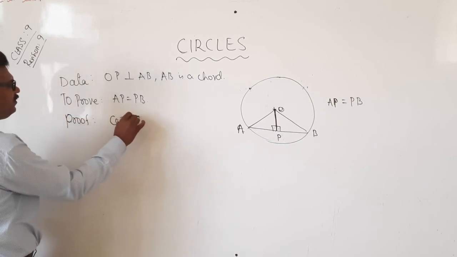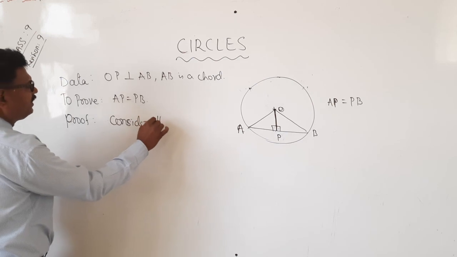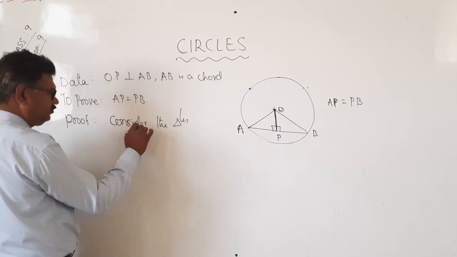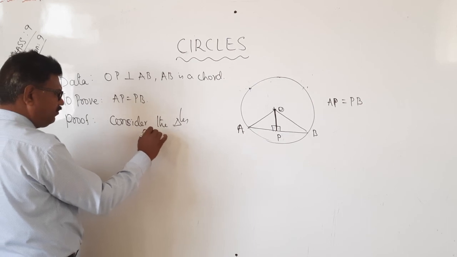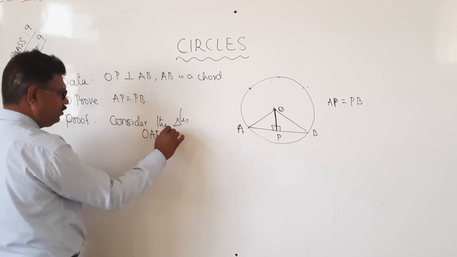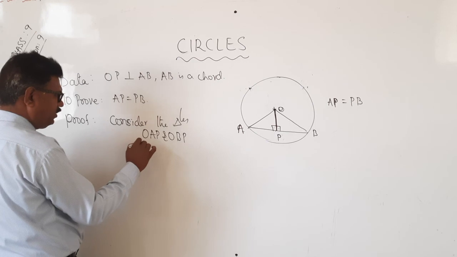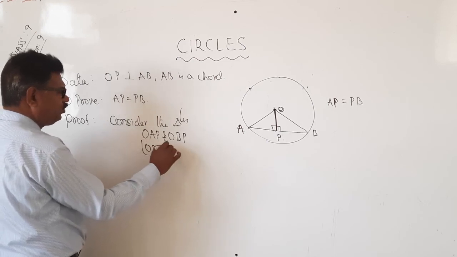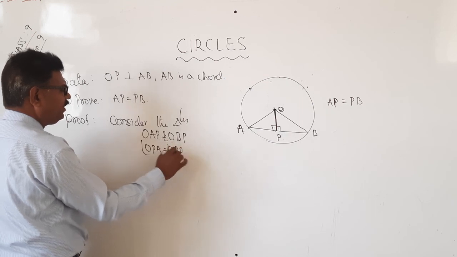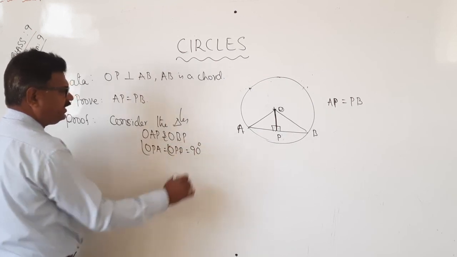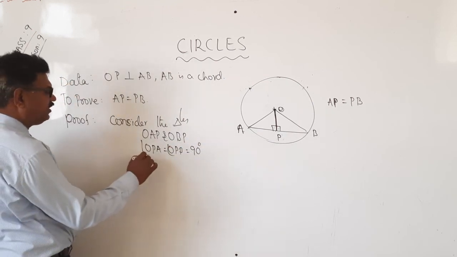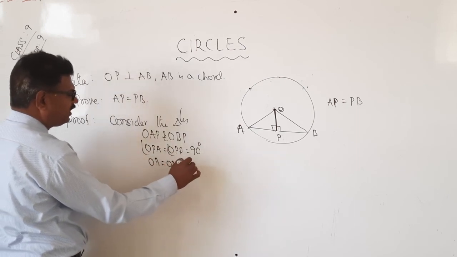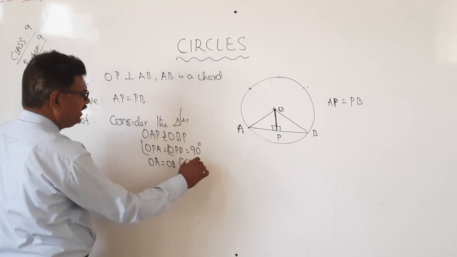Consider the triangles OAP and OBP. Angle OPA equals angle OPB equals 90 degrees. Next, OA equals OB because they are radii.